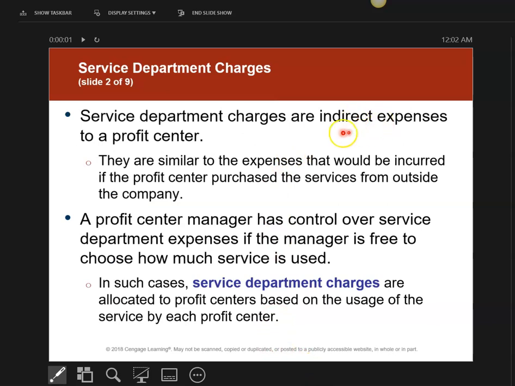Think of these as indirect expenses to a profit center, because one service department services multiple departments within a corporation. A profit center manager can control the service department expenses, and we're going to talk about how to allocate these charges to different departments within my company.